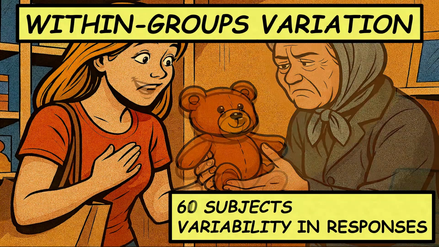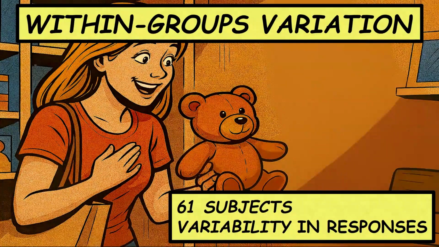And then finally, we have the 61 subjects in the personal condition, and they also did not respond in exactly the same way. So all of this variability within each sample gets pooled together in a way that we're not going to dive into, and it tells us how much variability in general we can expect.